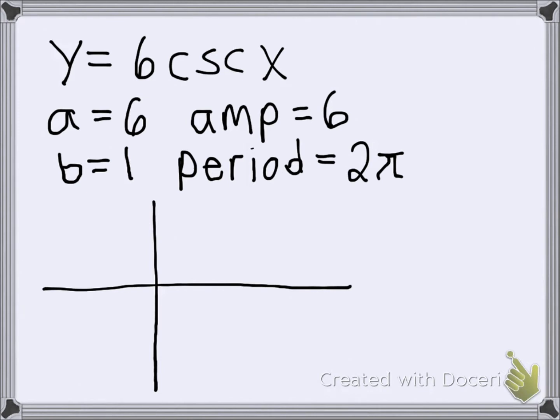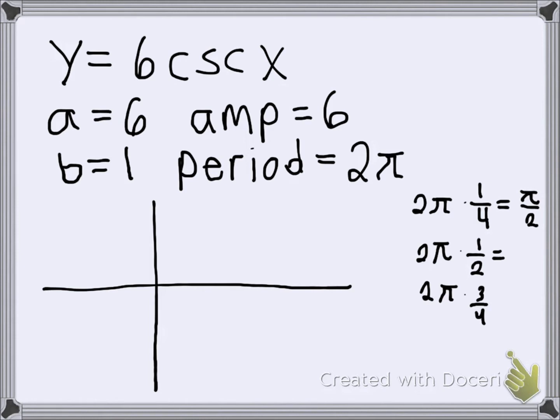To find your points, you need to multiply your period by 1/4, 1/2, and 3/4. From these, you will get pi over 2, pi, and 3 pi over 2. And for your last point, you will always use your period, so you have 2 pi as your last point.